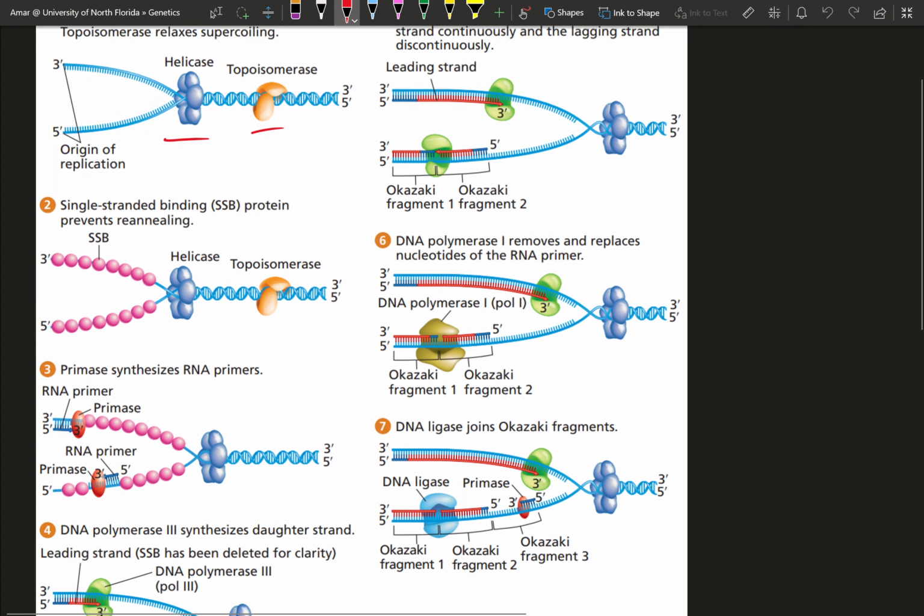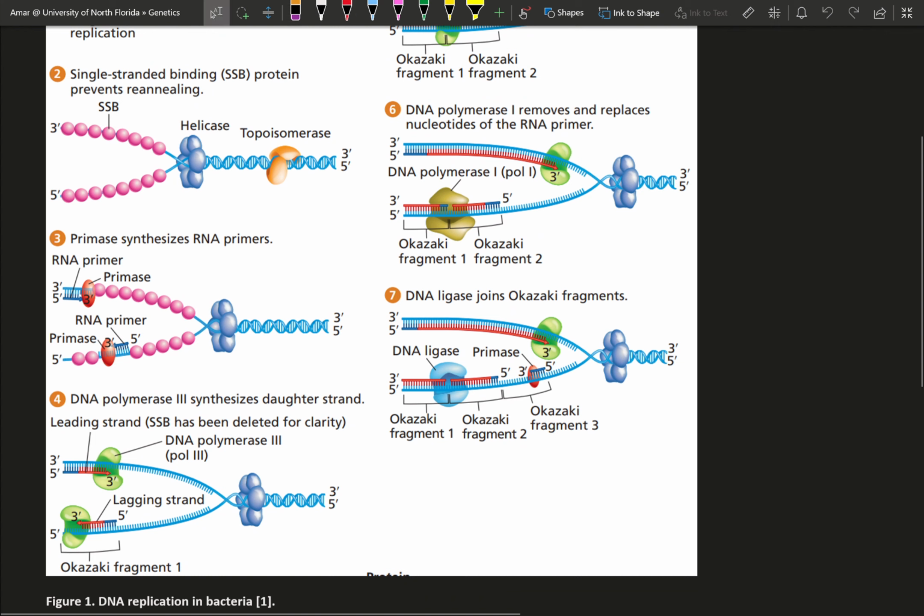Then you have something called a DNA primase. What this does is that this primase enzyme adds RNA primers to the DNA, and then these primers are utilized by DNA polymerase 3 to synthesize the new strand.